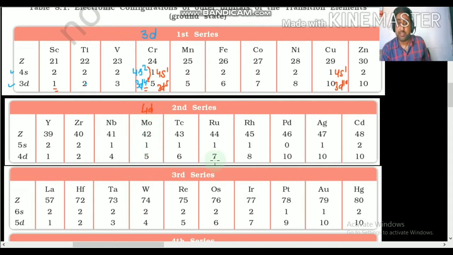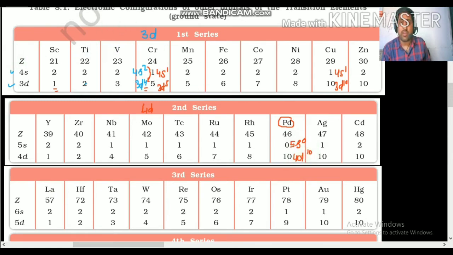Here you will see the s subshell. In palladium you will find it is 5s0 and 4d10.